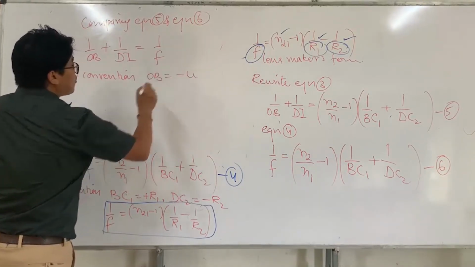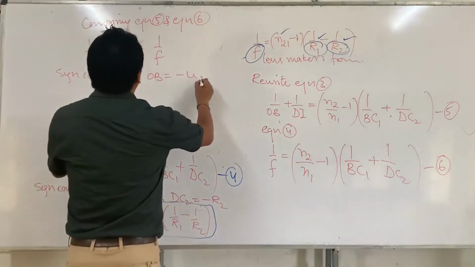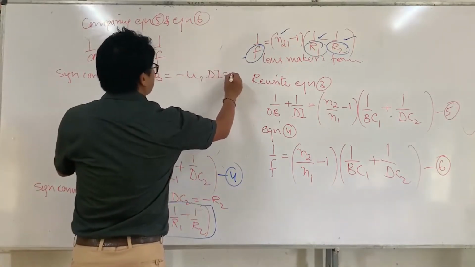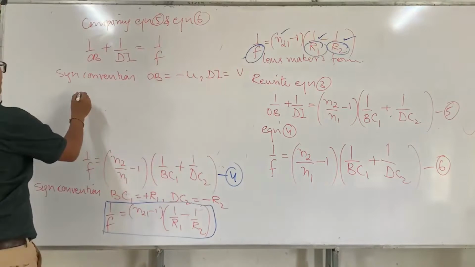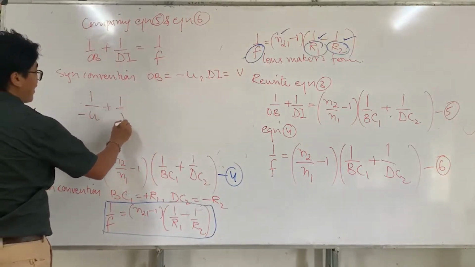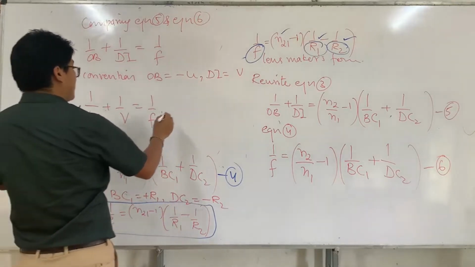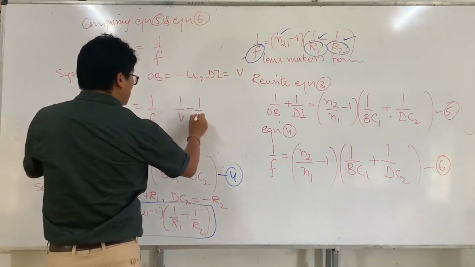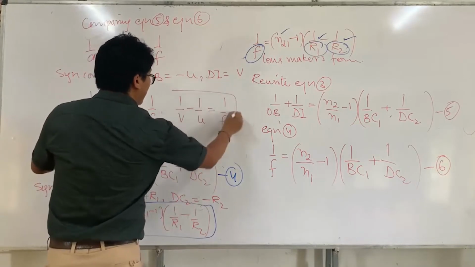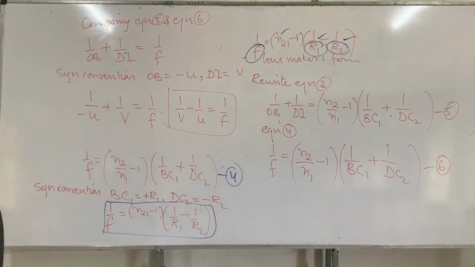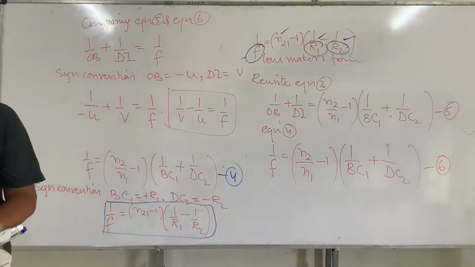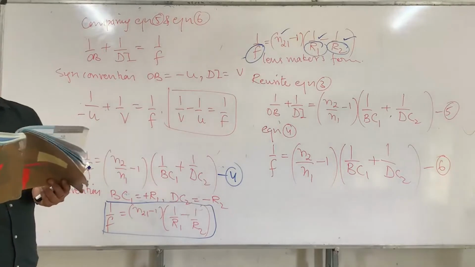OB is minus U, and DI is V. Then 1 by minus U plus 1 by V is equal to 1 by F. So finally, 1 by V minus 1 by U is equal to 1 by F, which is what we call the thin lens formula.